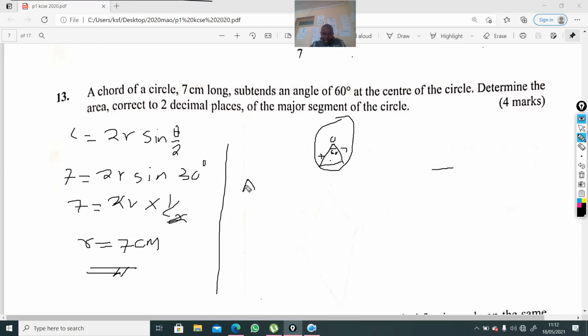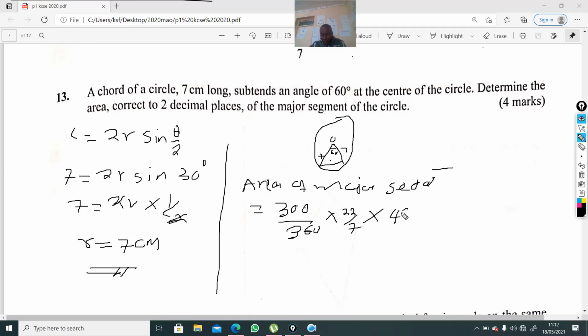So the area of the major sector will be equal to 300 over 360 times 22 over 7 times r squared, that is 49.